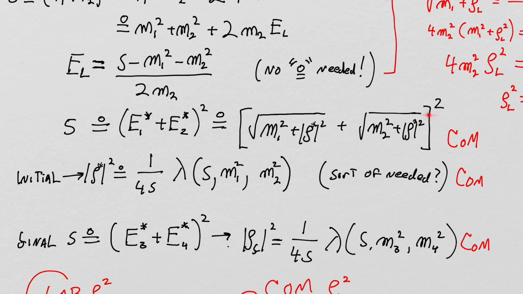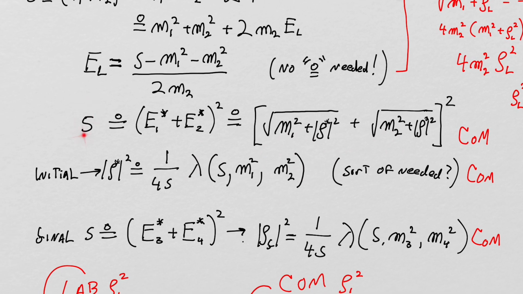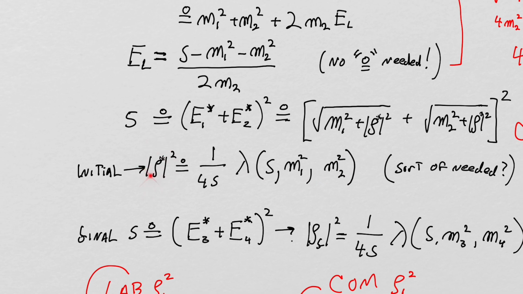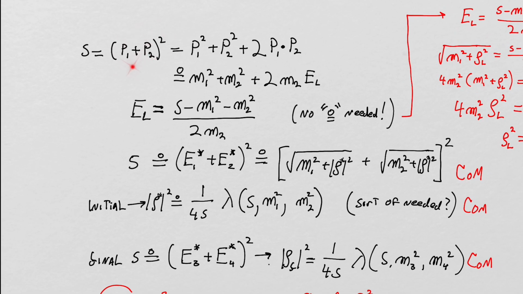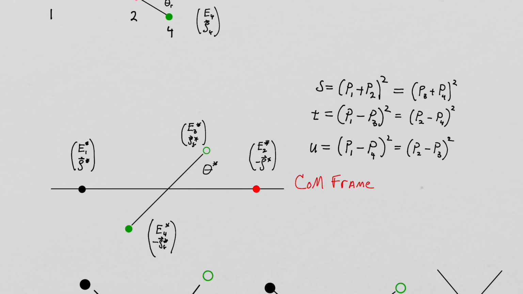We know that when you solve for rho, you end up with this lambda function: 1 over 4s times this lambda function of s, m1, and m2. So now I have a solution for the initial particle momenta in the center of mass frame. And because P1 plus P2 also equals P3 plus P4 due to momentum conservation on both sides. Remember, I guess we did that here, right?